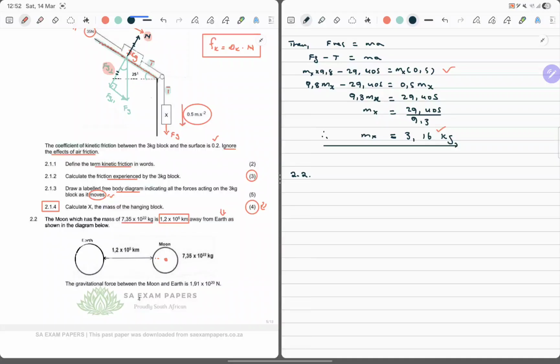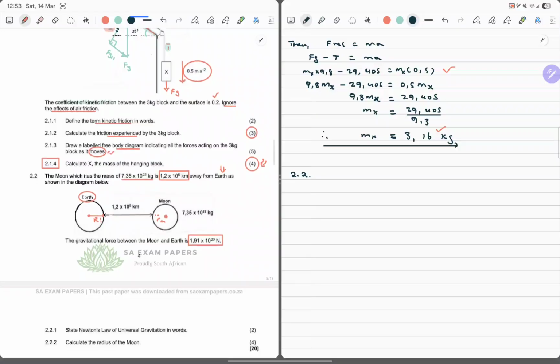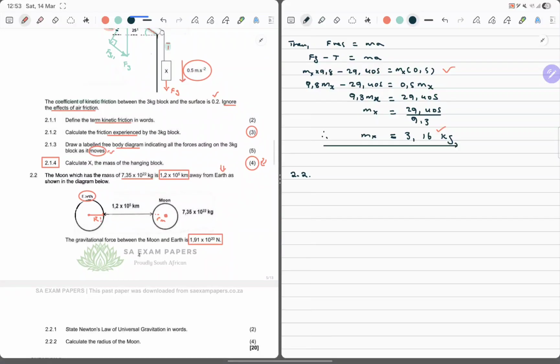If we're going to calculate the force, we need the radius of the moon as well as the Earth. We know that the Earth has its radius r, which we need to know the value of from the constants. So don't be caught out. And of course, the mass of the Earth, we should know what it is. Now it says the gravitational force between the moon and the Earth is 1,91 times 10 to the 20 newtons.